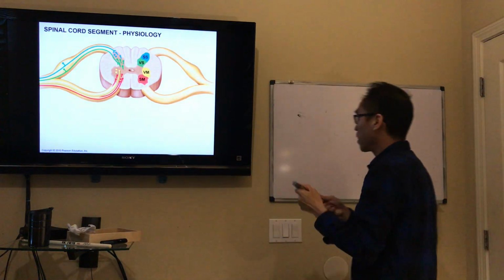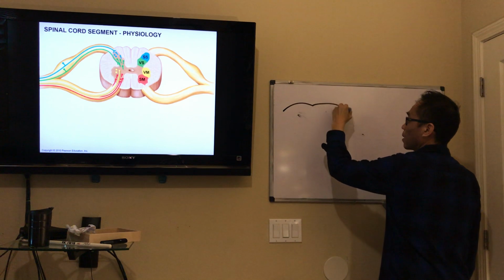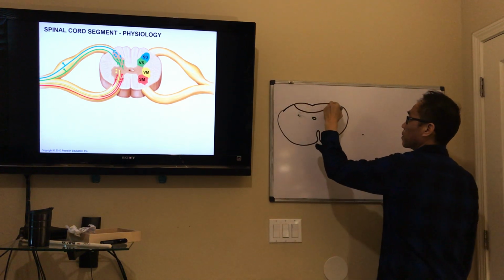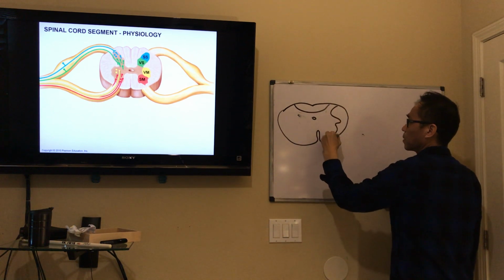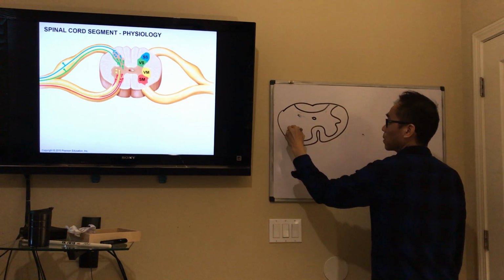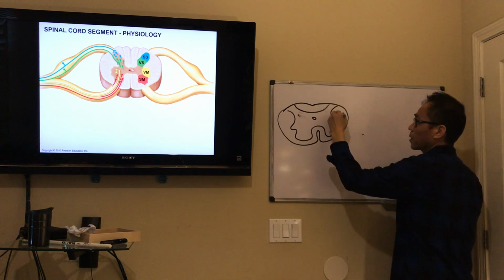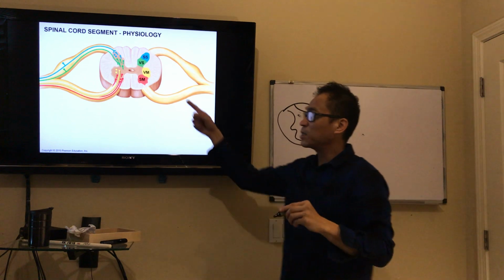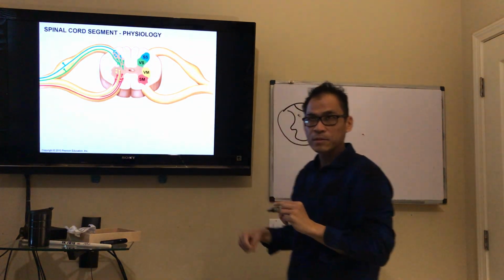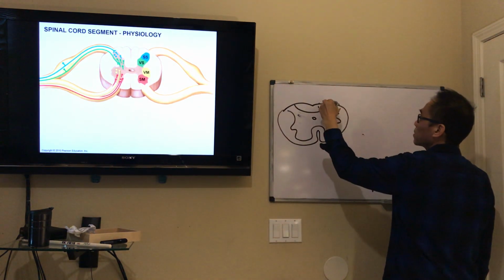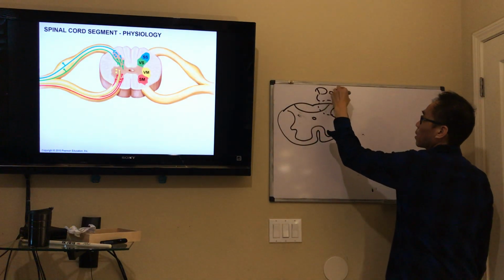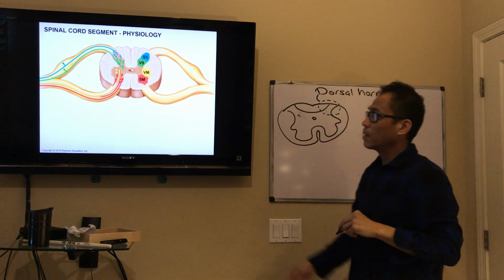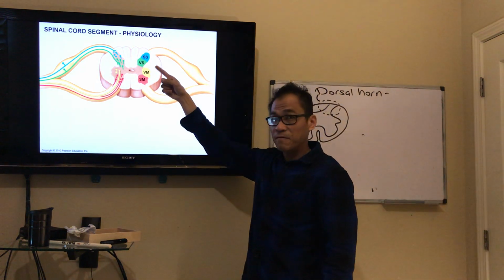So let me draw this out again. This right here, dorsal horn, that's for sensory fibers synapse. You have somatic sensory and visceral sensory.